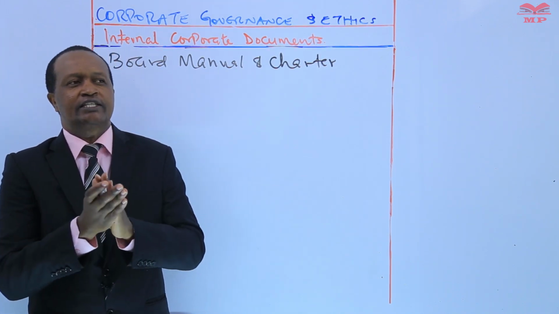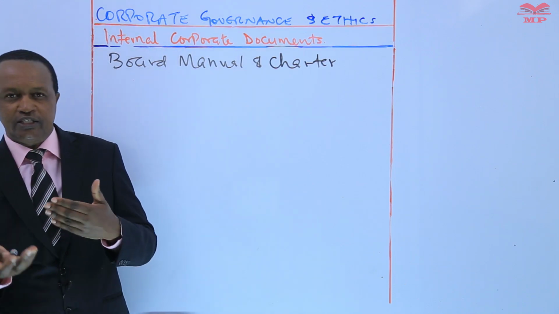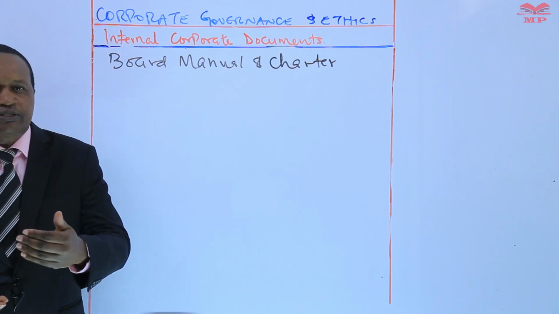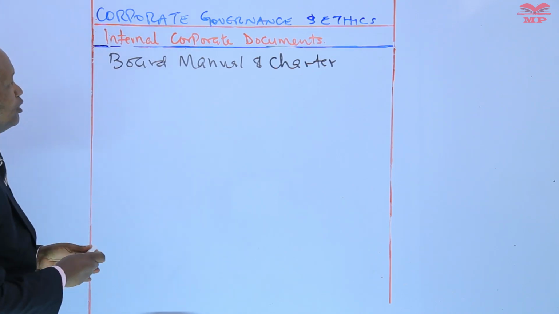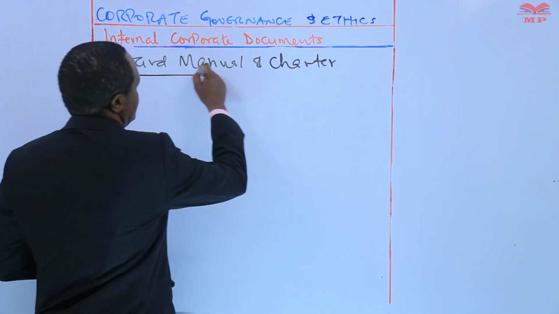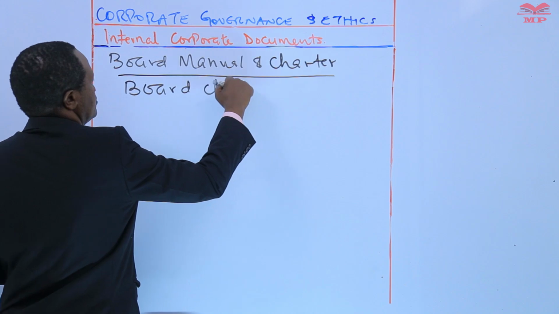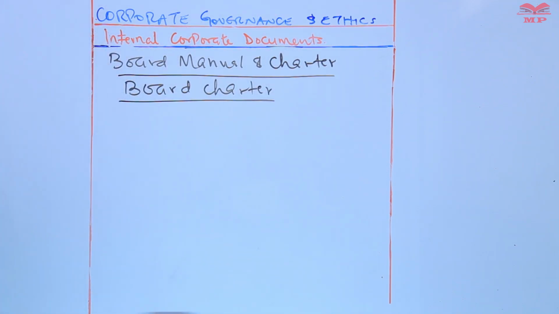And while they are internal documents, they are often shared with the stakeholders to demonstrate the company's commitment to good corporate governance. So let's begin with the board charter. What is a board charter?